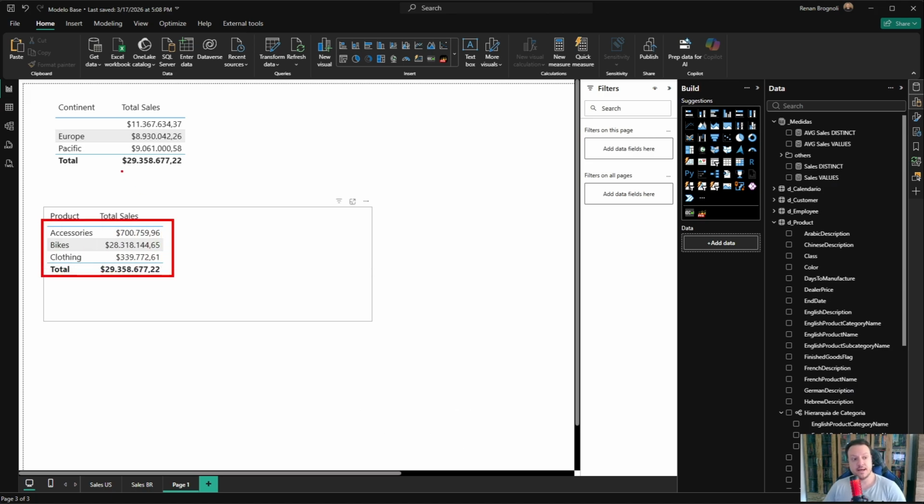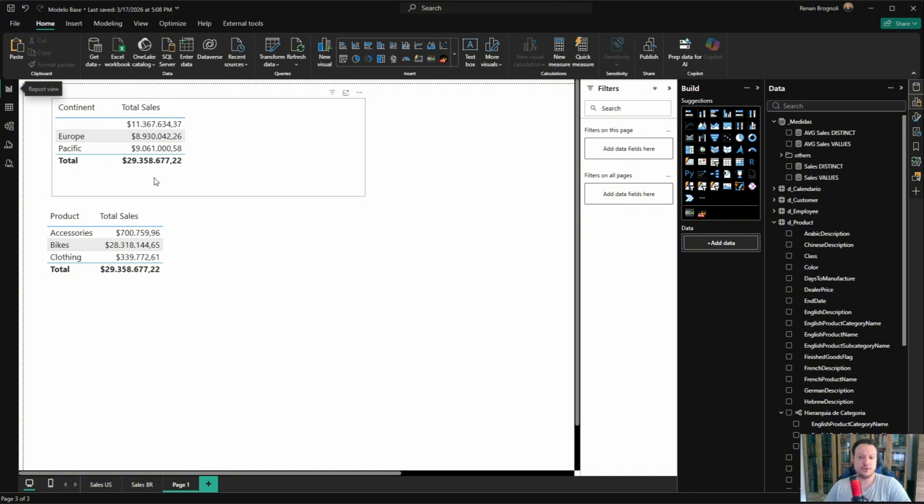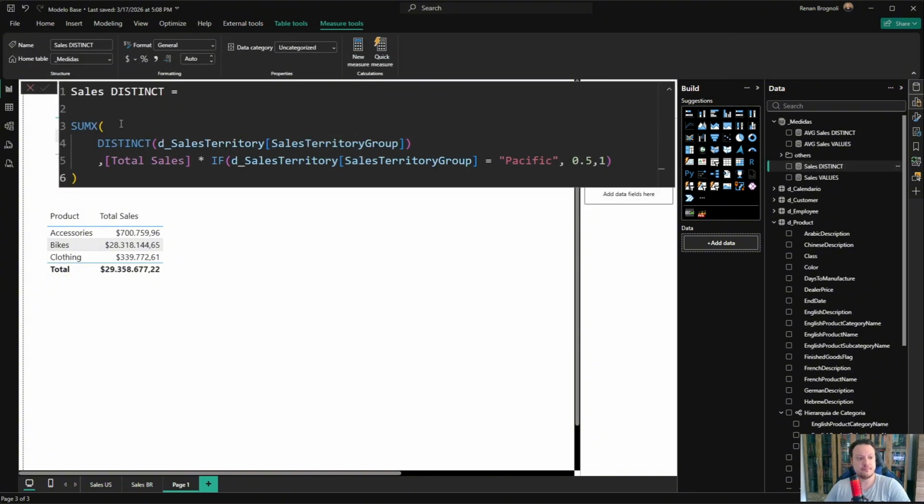But let's say, for instance, that we want to do a sum grouped by continent and transform our total sales, multiplying by 0.5 if that continent is Pacific and maintaining 100% if it's any other continent.